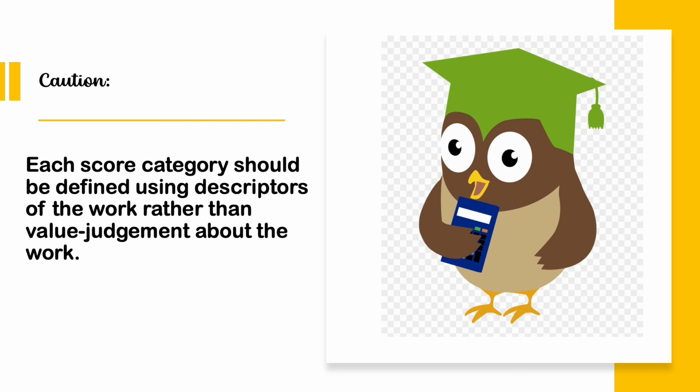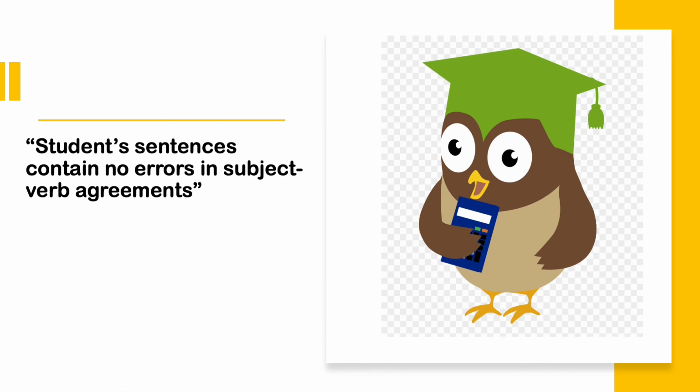Okay, example. Student sentences, let us look into this example. Student sentences contain no errors in subject-verb agreement. Okay. Rather than saying, student sentences are good. Okay, so sabi rito, this phrase here, student sentences contain no errors in subject-verb agreement.